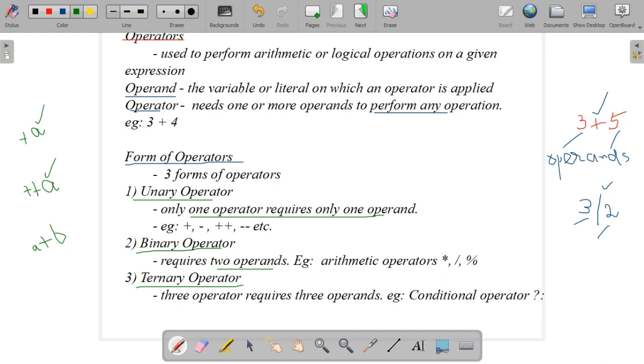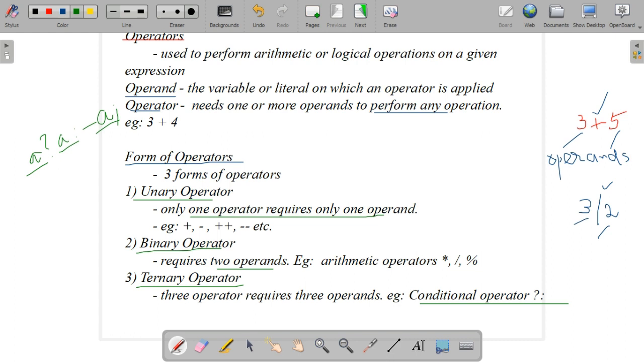Then the third one is the ternary operator. Ternary means the operator requires 3 operands. What is the example for the ternary operator? The conditional operator, that is question mark and colon. That means a question mark, plus a, colon, minus a.